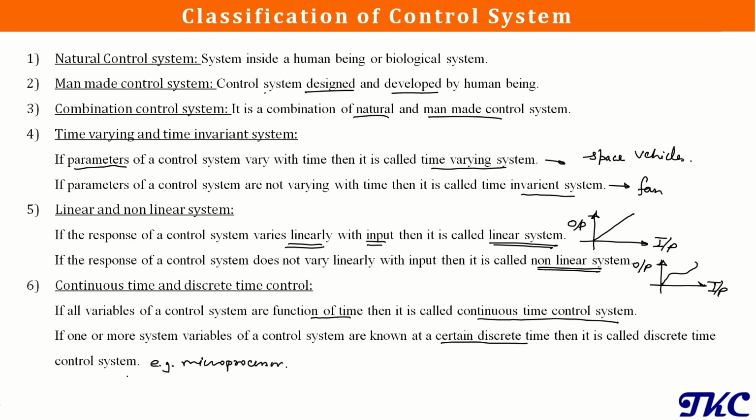If we are having a control system with a microprocessor, then that is called a discrete time control system. And for a continuous time control system, we can take the example of speed control of a DC motor. Here, if we are using an analog sensor, this setup will become a continuous time control system.